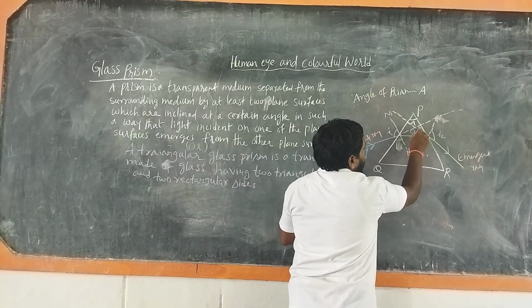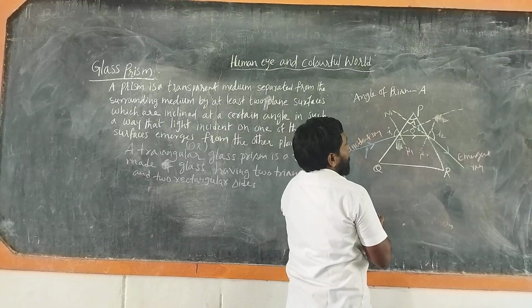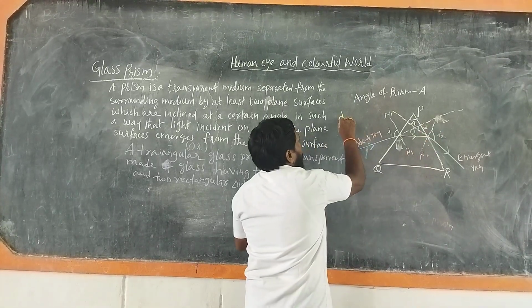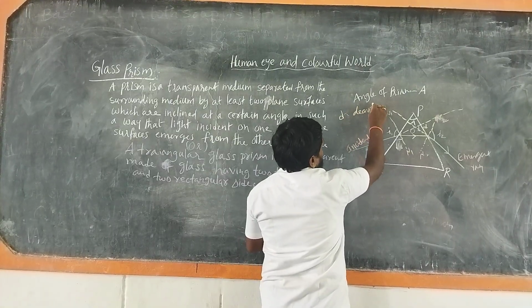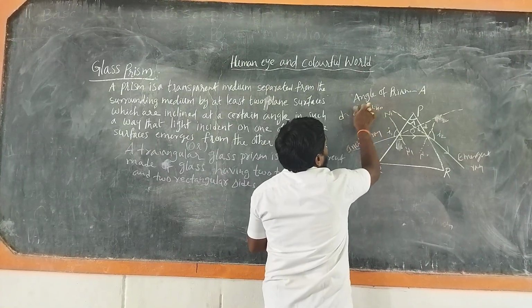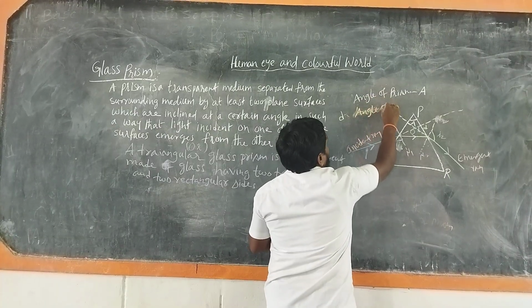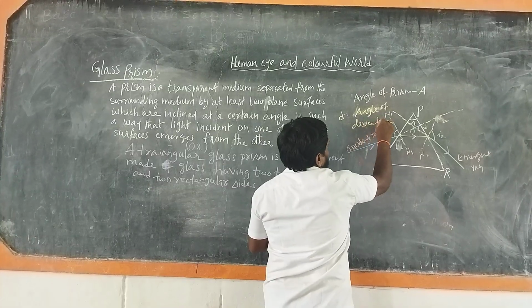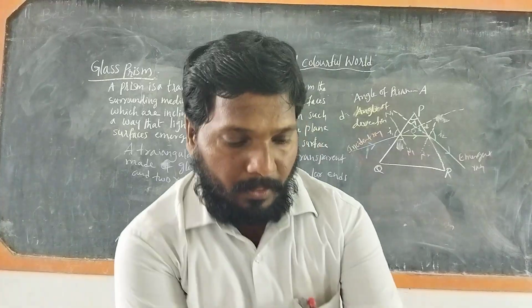The angle between the incident ray and the emergent ray is called D, the angle of deviation.